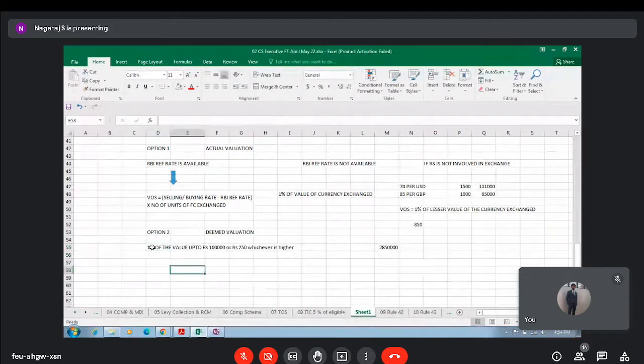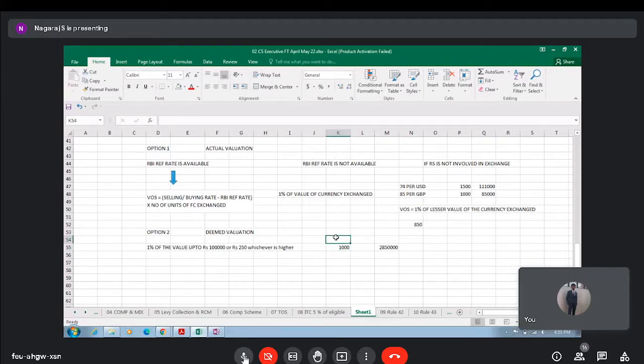What is the provision? 1% of the value up to rupees 1 lakh or rupees 250, whichever is higher. 1% of 1 lakh is how much? 1,000, or rupees 250, which is the highest one? 1,000 is the highest one.